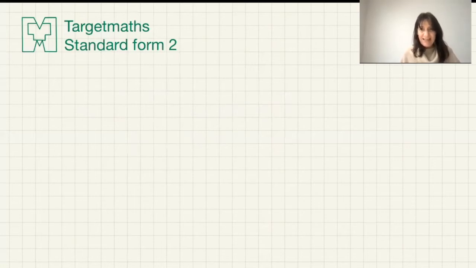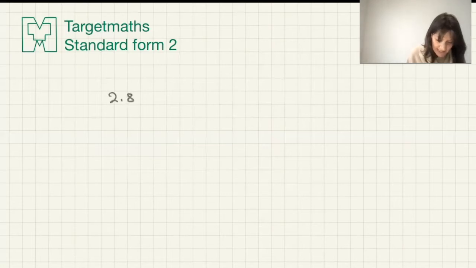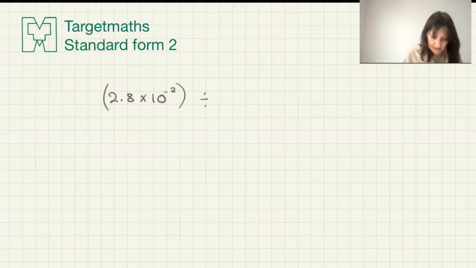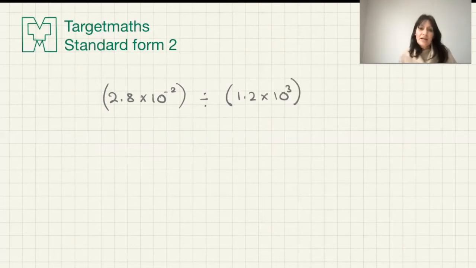Multiplying. Now let's look at dividing. We're going to do these two together at the same time. So I've got 2.8 times 10 to the minus 2. It would be given to me like this, divided by 1.2 times 10 to the 3. Now we're going to slightly rewrite this one so that we can see why it's okay to approach this question the way that we're going to approach it.